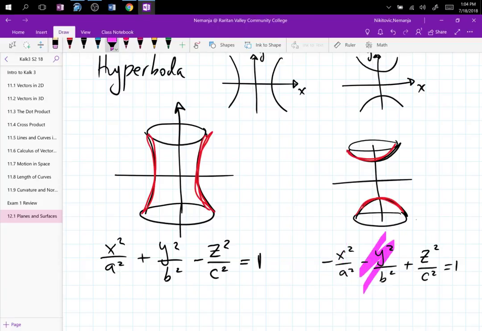If you kill y, you have one positive, one negative, so again it's a hyperbola. And if you kill z, well, this is negative and negative, move the negative to the other side, right? With the appropriate cut, you will be getting your ellipses or your circles.